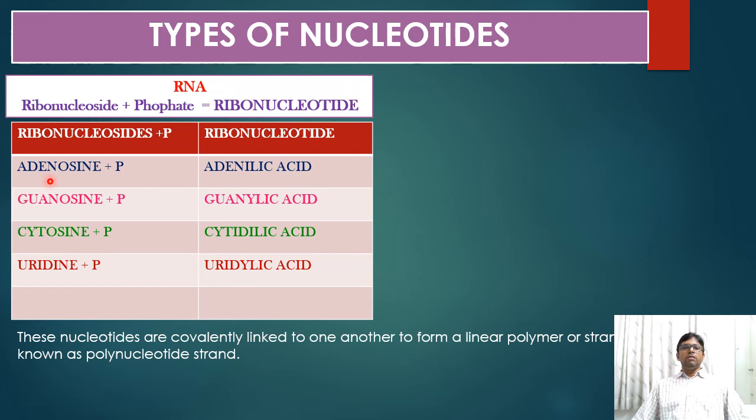Adenosine is the ribonucleoside. When it binds with phosphate, it forms a ribonucleotide that is adenylic acid. Guanosine is another ribonucleoside of RNA. When it binds with a phosphate group, it forms a ribonucleotide that is guanylic acid.